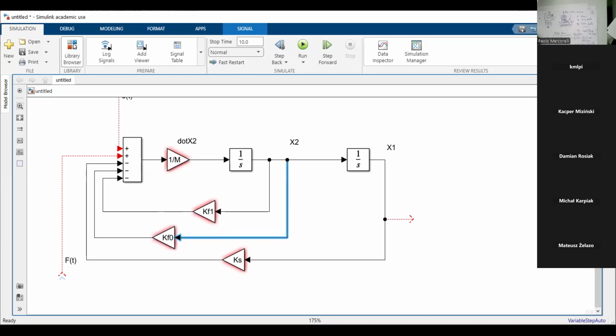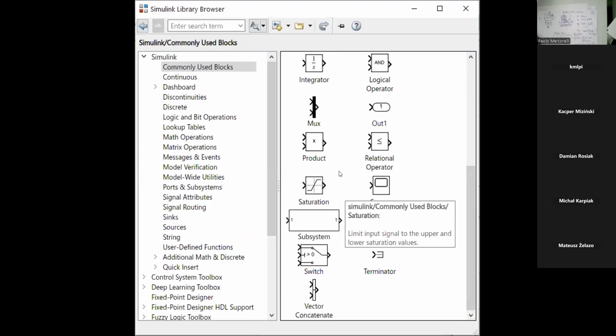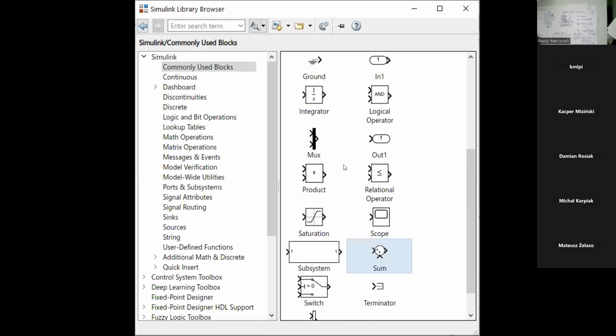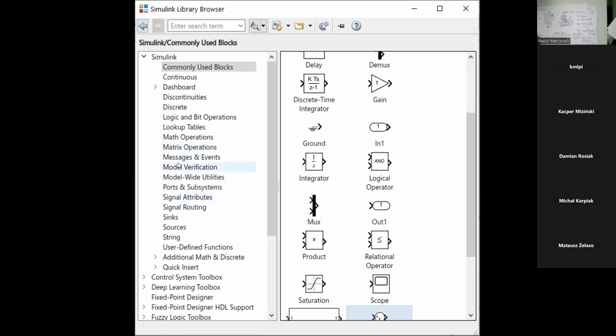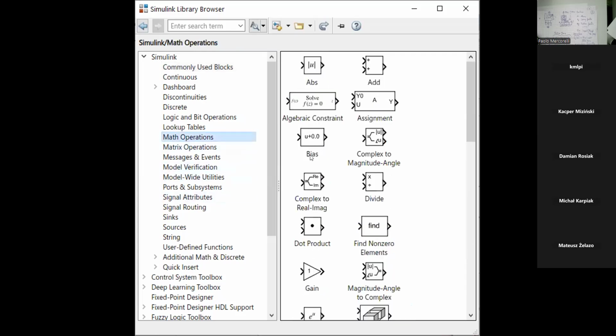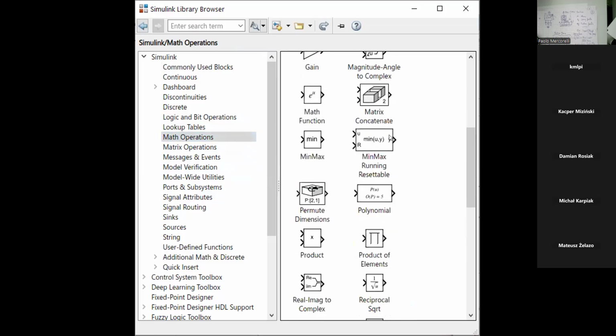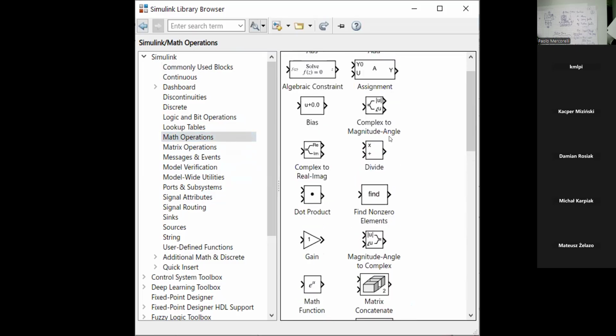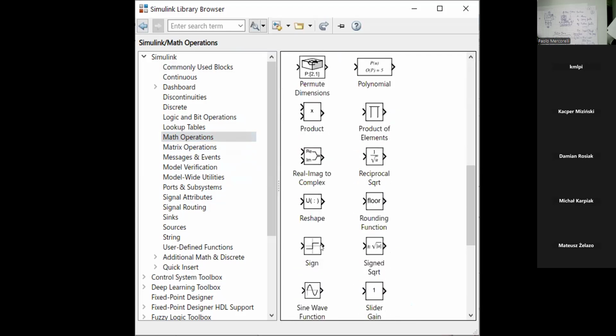The sign, basically, let me show you, this could be useful also for you. Typically, it is in the math operations. Yeah, sign.